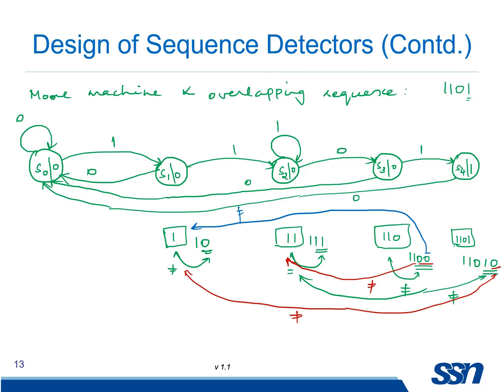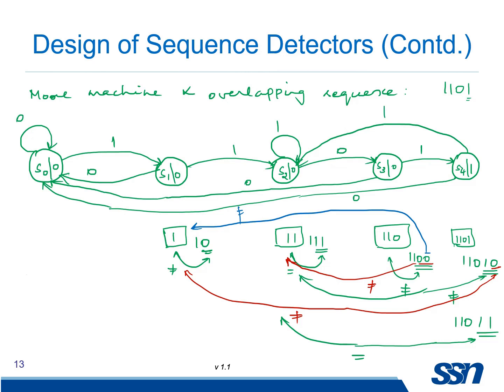And the next condition, if I receive the input as 1, we check the last 2 bits with the 2 bit sequence. Here it is same. So from this state we go to state S2.